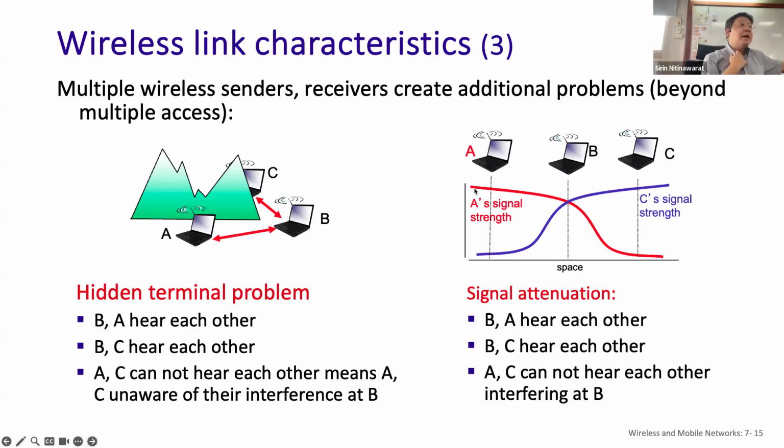Because of the attenuation and the nature of the receiver and the transmitter, there is a typical threshold that the signal has to go beyond for the communicators to understand each other. So if A and C are further apart, they will not hear each other, even though there's no obstructor.